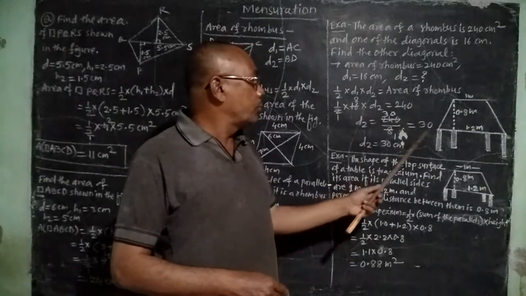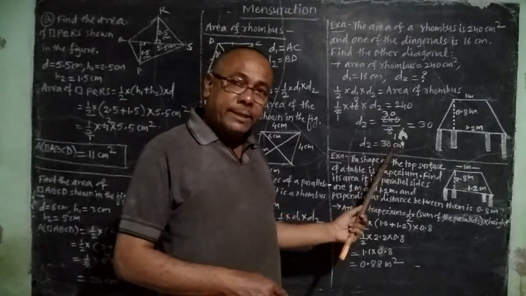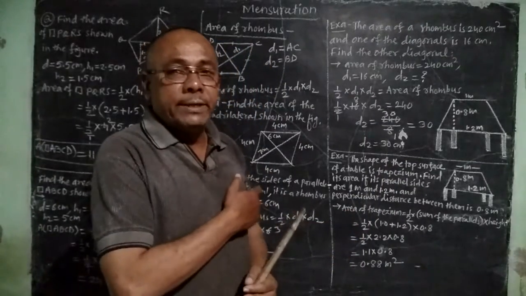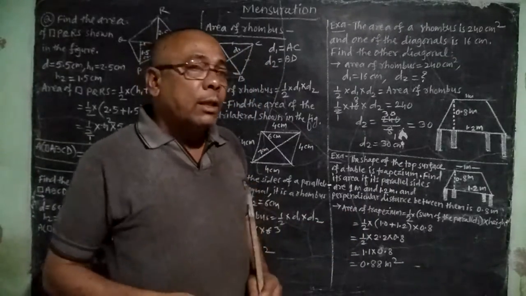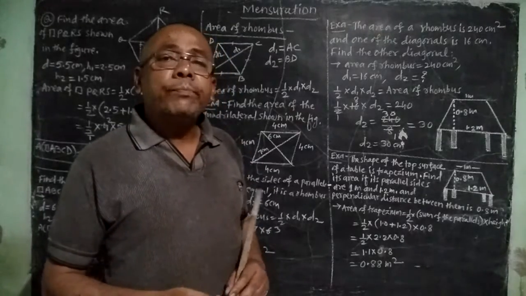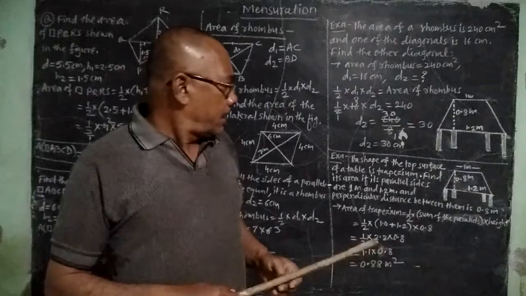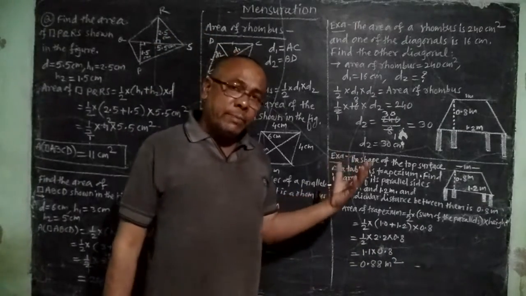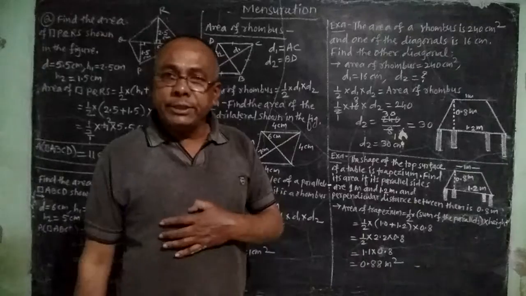Means D2 is equal to 30 centimeter. In this way, we have seen some examples, and now we will see some examples from the exercise.